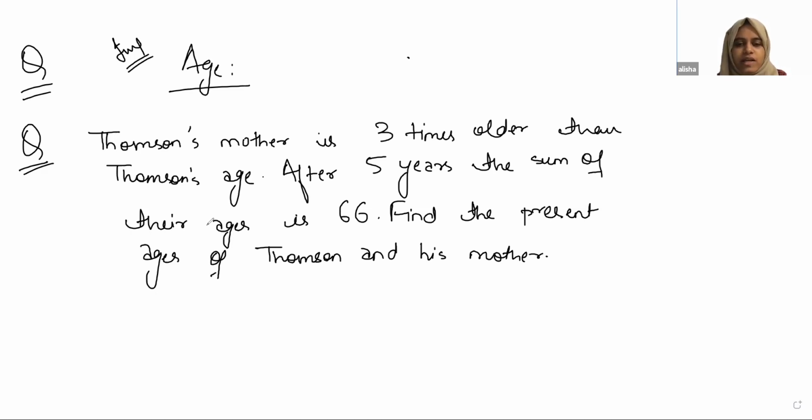So we will write let Thompson's mother's age be 3x. Write it down. Yes, done.